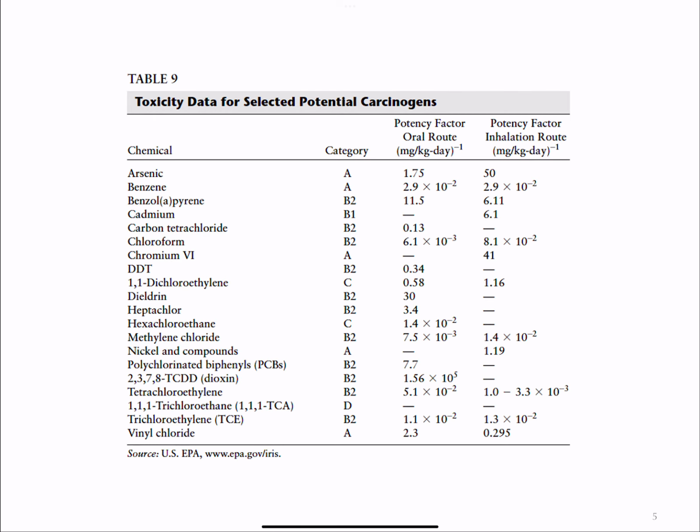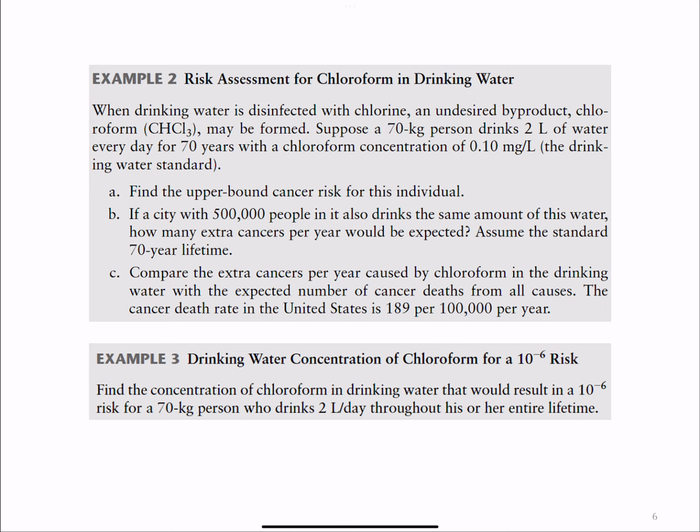So from this table, chloroform has an oral potency factor of 6.1 times 10 to the -3, right?